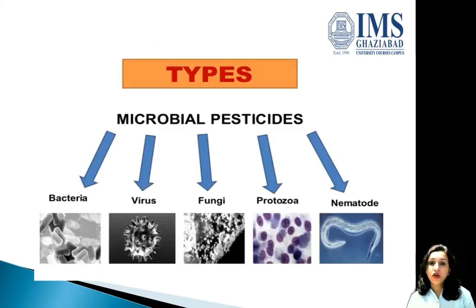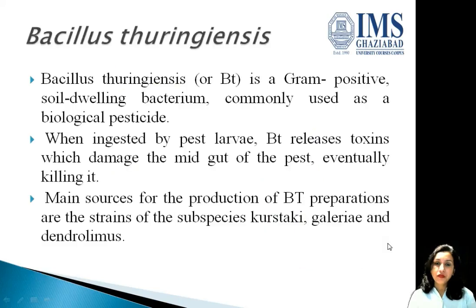In the case of microbial pesticides, as I told you earlier, it could be a bacterium, a virus, a fungus, a protozoan, or a nematode also. So let's take an example, which is Bacillus thuringiensis, the most commonly used biopesticide. It is a gram-positive, soil-dwelling bacterium and is commonly used as a biological pesticide.